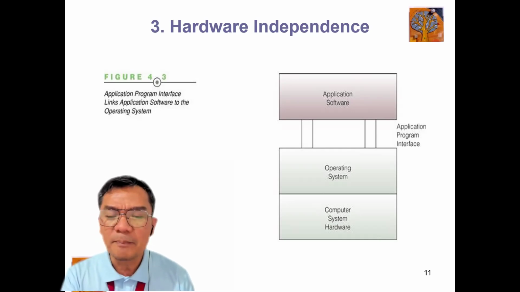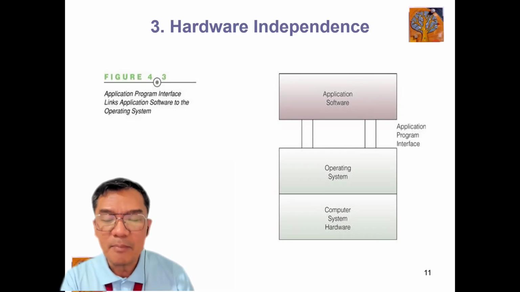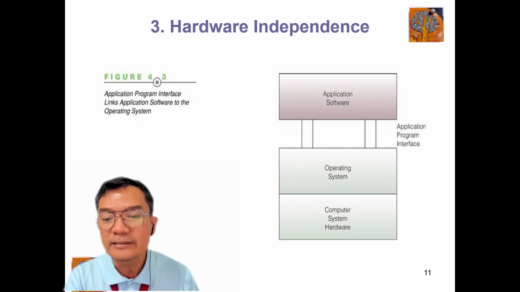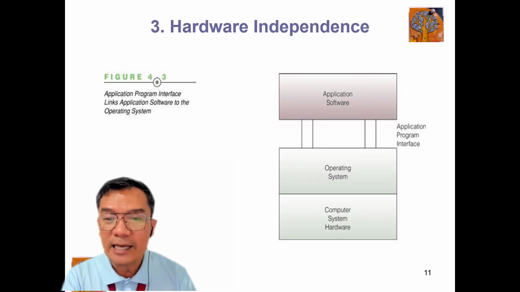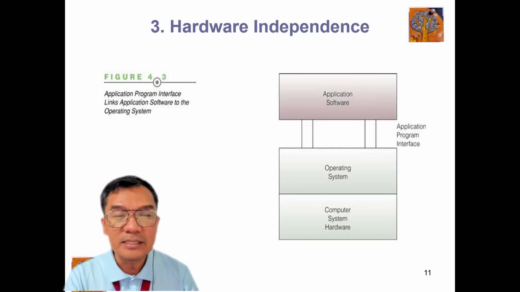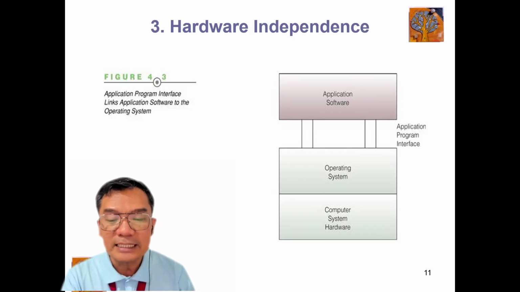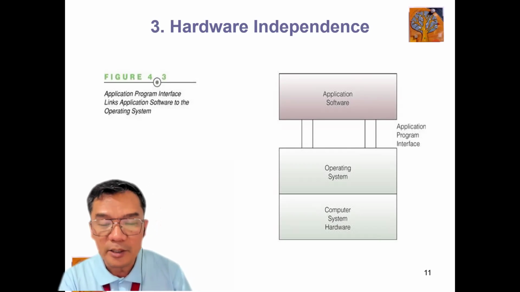It is also common practice that computer system hardware is connected directly with the operating system, meaning if you buy a certain hardware, an operating system is already installed on it so that it can interact directly with the hardware.